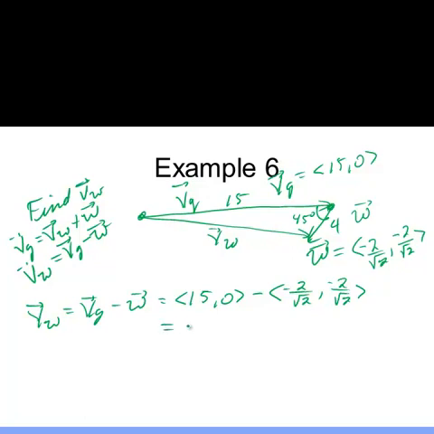So that will be 15 plus 2 over root 2, comma, and 2 over root 2.